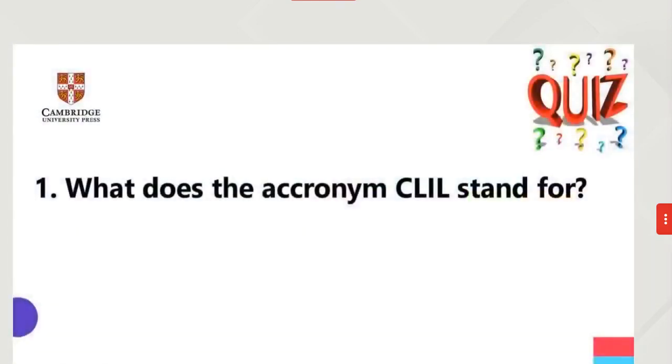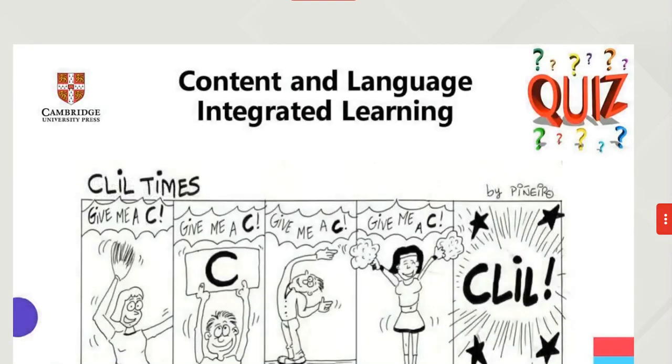The first question is, what does the acronym CLIL stand for? And indeed it does. It stands for Content and Language Integrated Learning. Wonderful, great. What is that exactly? What is content and language integrated learning?